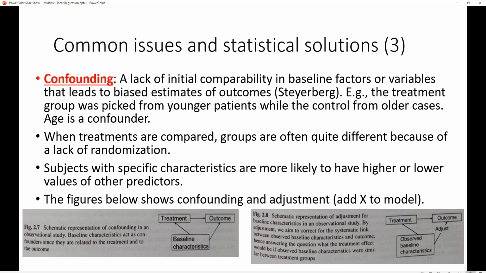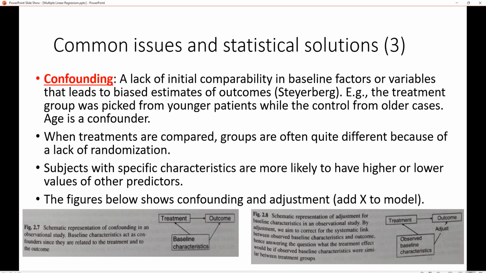So if one group is just by default different in another variable, such as age, if one group's a lot older than the other group, we might see positive test results. It may look like the intervention group is doing a lot better than the control group, but that could be because the intervention group's a lot younger. And if health outcomes are related to age, then we have confounding.